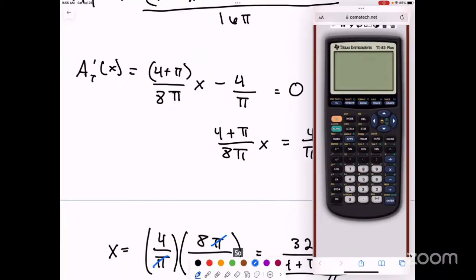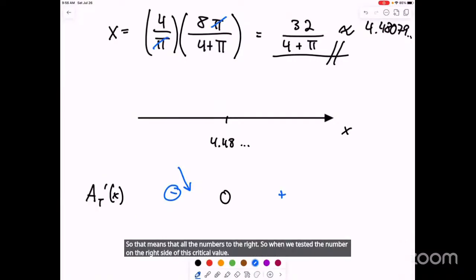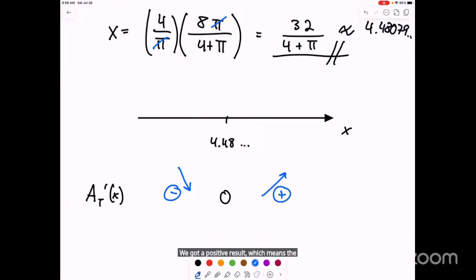So if we do 4 plus pi divided by 8 pi, times 5, because I'm just choosing some number to the right, then minus 4 over pi. We should get a positive result. So when we tested a number on the right side of this critical value, we got a positive result, which means the original is increasing.